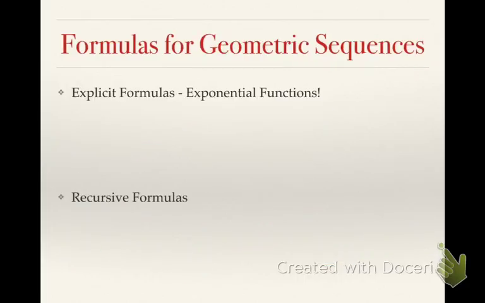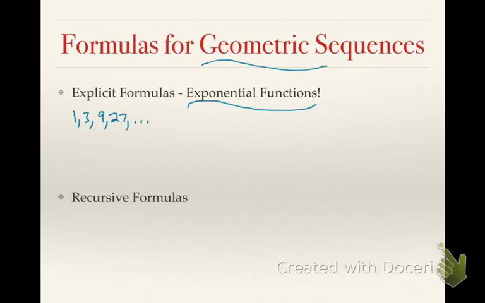For a geometric sequence, those are closely connected with exponential functions because you're multiplying by the same thing each time, by the common ratio. So let's go back to that example. We have 1, 3, 9, 27, and so forth.